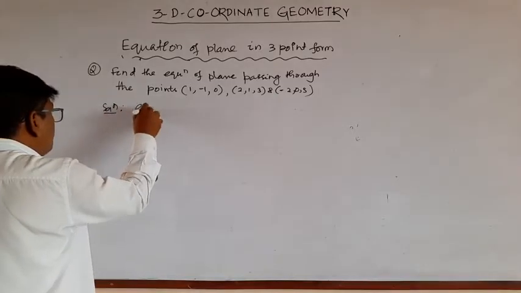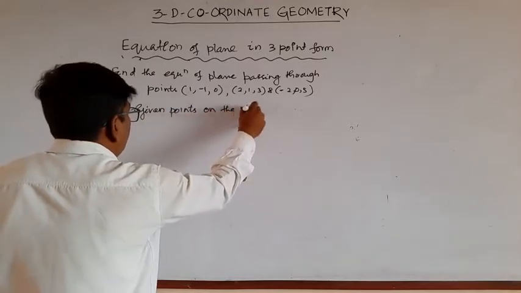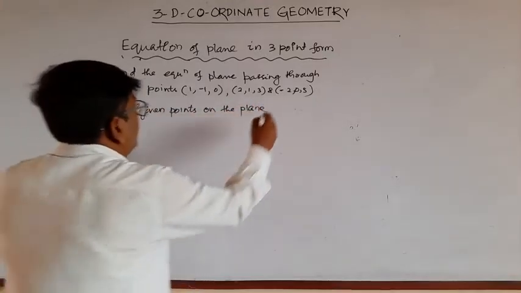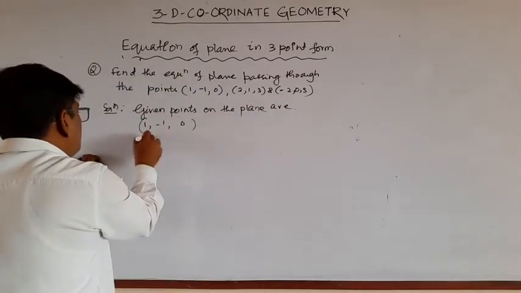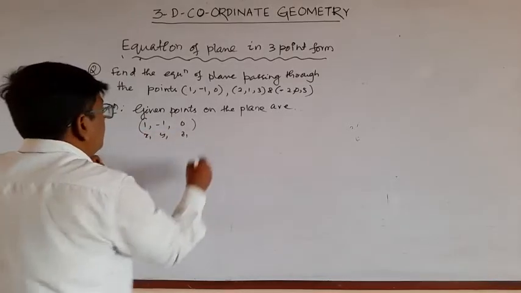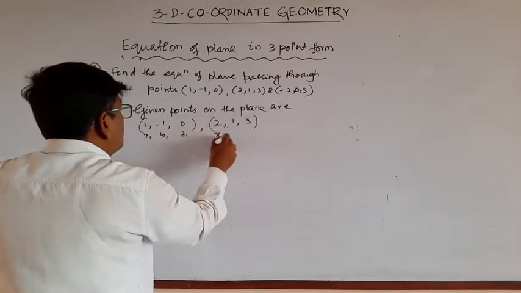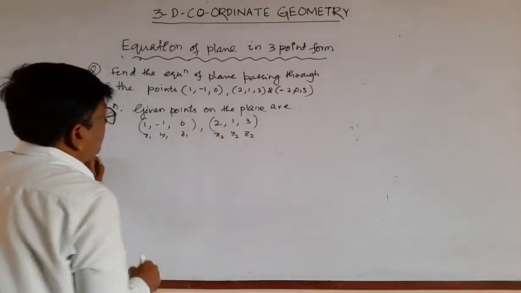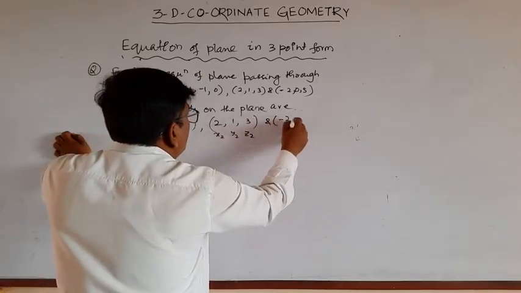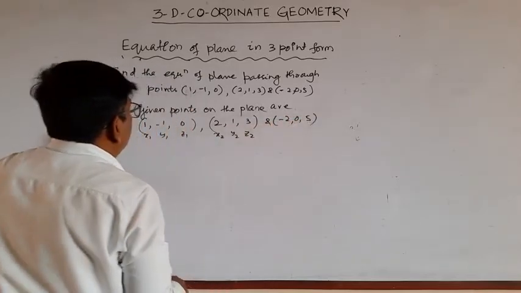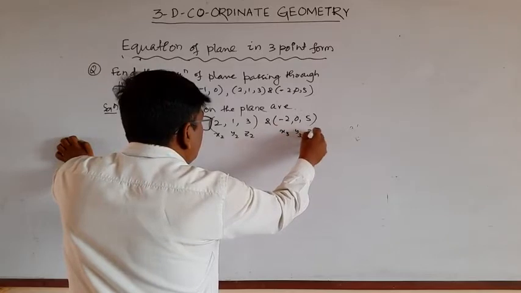Given points on the plane are 1, minus 1, 0, this is x1, y1, z1; 2, 1, 3, this is x2, y2, z2; and minus 2, 0, 5, this is x3, y3 and z3.